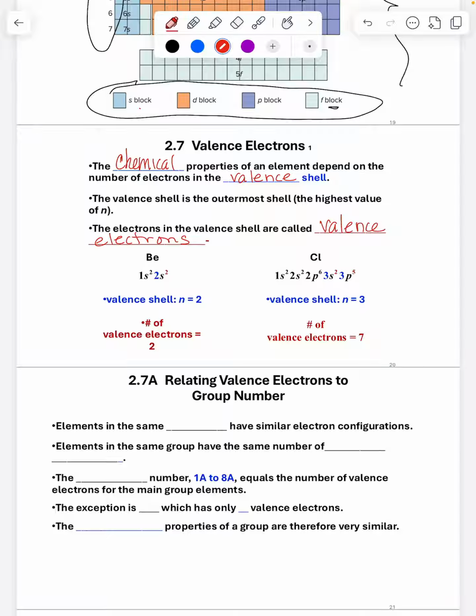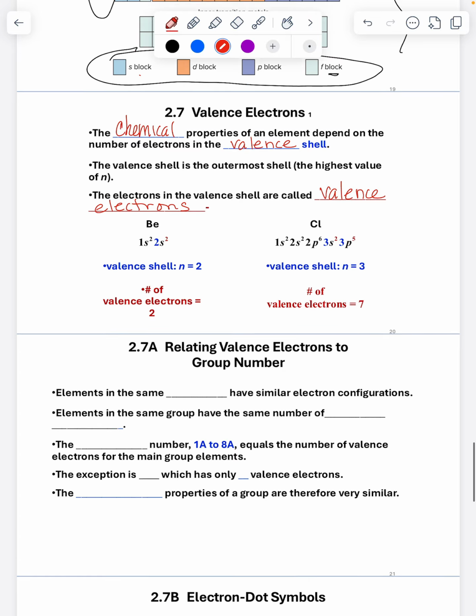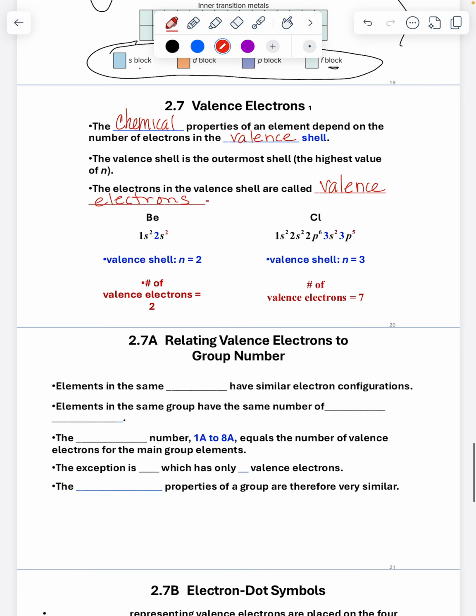You can determine valence electrons by looking at electron configuration. And so remember, we're looking for the outermost shell. So the electron shells are indicated by these numbers, big numbers in front. So we want to look for the largest number. So here the valence shell would be 2. And we can look to see that there are 2 electrons.